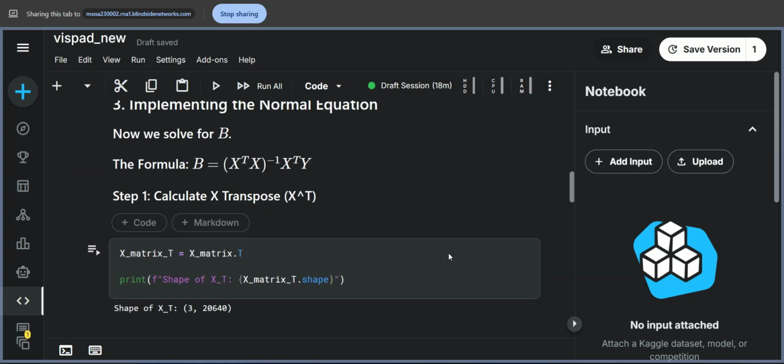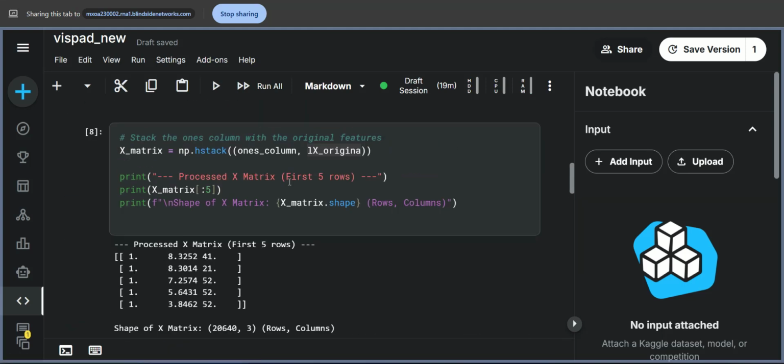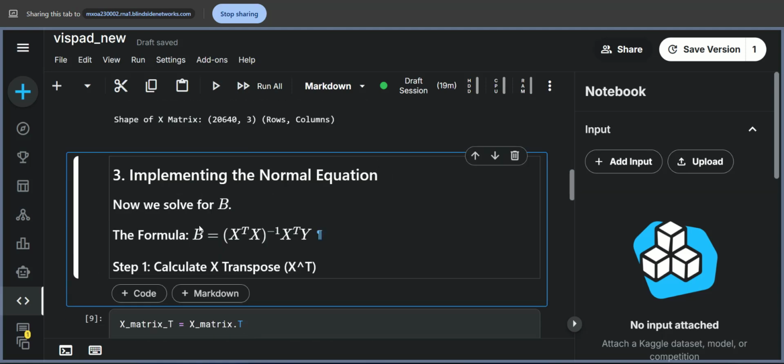Okay. Now we are not going to do a lot of work, because these are all functions and methods that we have available in NumPy. So we just have to follow the same steps as we solve this. This is the simplified matrix form of y equals b0 plus b1 x1 plus b2 x2, that's what we've broken down over here.